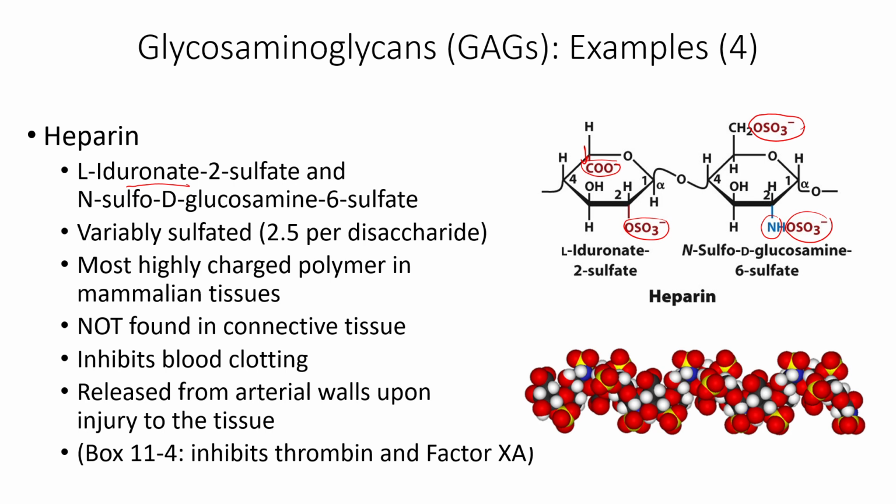But first, I just want to draw your attention to this more 3D model on the bottom here. And this really helps you see all the negative charge that's surrounding this heparin molecule. So it has this sort of helical shape that you can see, and you can see all of these red and yellow groups. Those are the sulfate groups, right? The yellow is sulfur, the red is oxygen, and they're just covering this molecule.